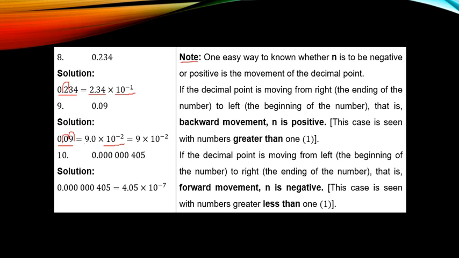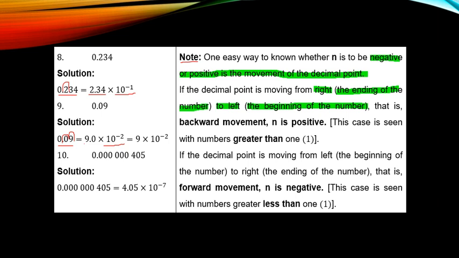One easy way to know whether n is to be negative or positive is the movement of the decimal point. So let's find out. The right is the ending of the number and the left is the beginning of the number.